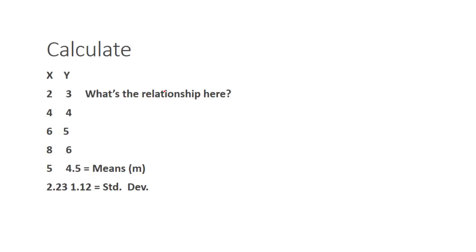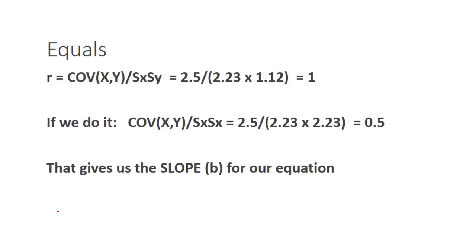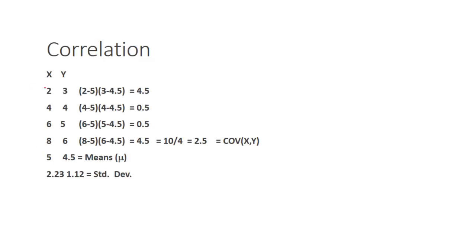So let's look at some numbers here. We have an x and a y. So x is 2, 4, 6, 8, y is 3, 4, 5, 6. If we look at those numbers, what we see is that every time x goes up by 2, y goes up by 1.